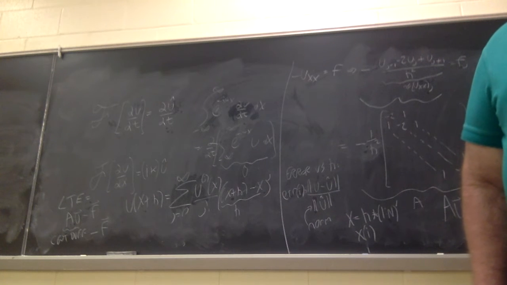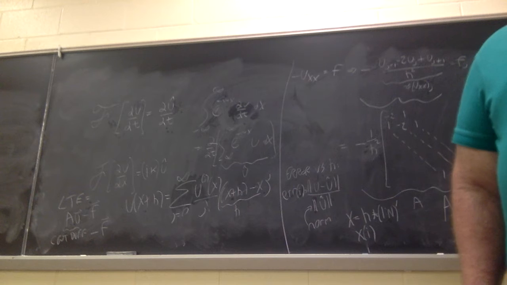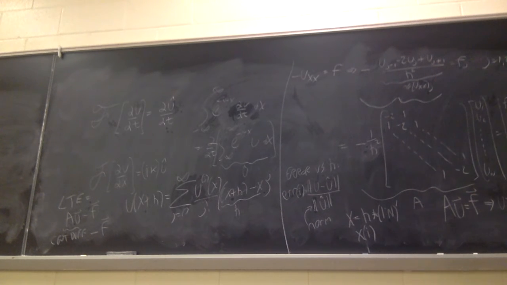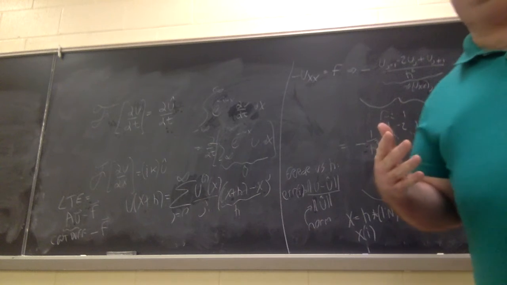And you want u double prime to stay, because that's what gets replaced with minus f. Yeah, because u is the exact solution, therefore u_xx is equal to minus f.